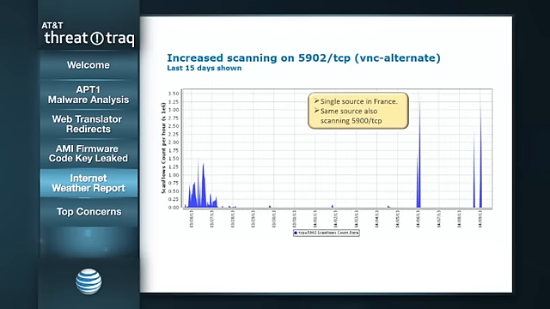There's a single source in France that's been aggressively scanning this, on the order of 3 million scan flows per hour, doing very strategic scans in certain address block ranges, looking for anybody listening on that port. So probably these are attempts to find and identify VNC-enabled machines that are Internet-facing, and usually after that point they start trying to brute force password guessing on those.